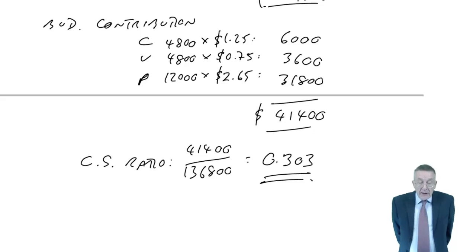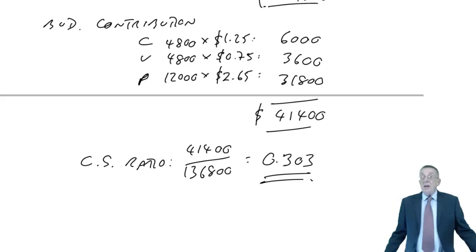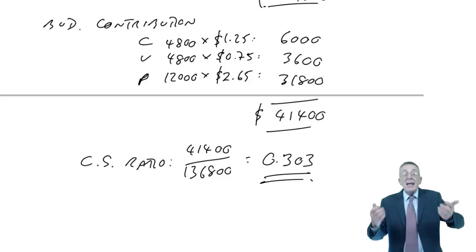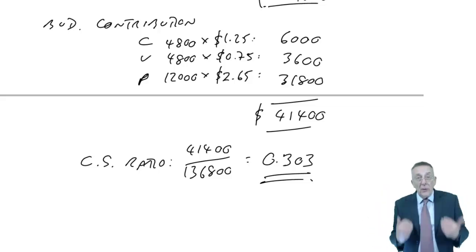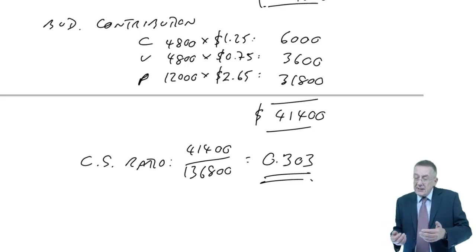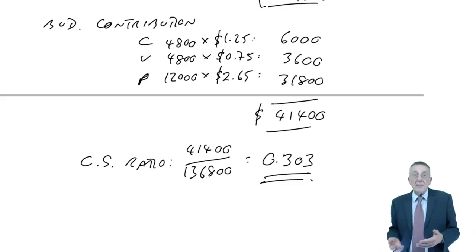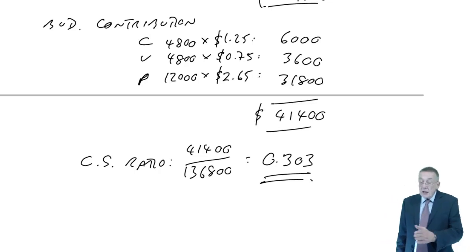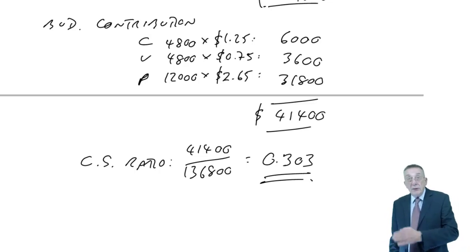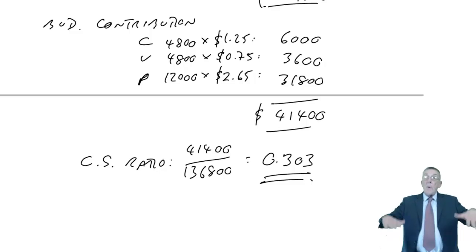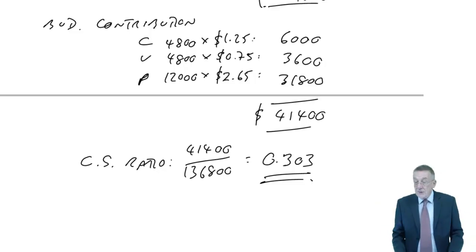We're assuming for the moment that if we do sell, for example, 10% less, it's 10% less of all of them. And so the sales will be 10% less in total, the contribution will be 10% less in total. On that assumption, the CS ratio will be 0.303, whether we sell more or we sell less.